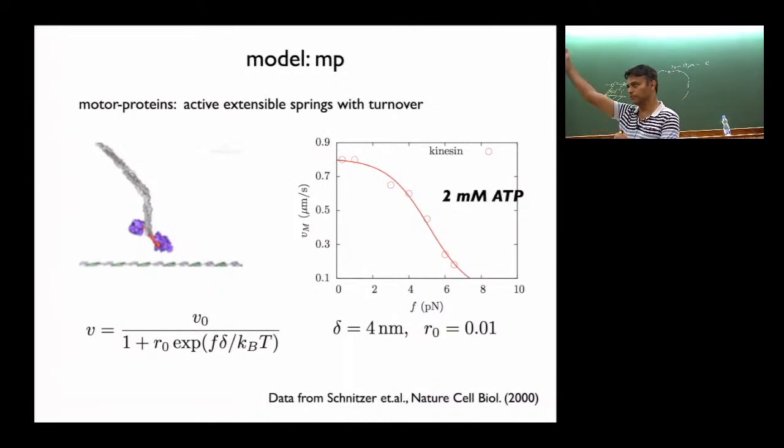So if the motor attaches to the filament, then it tries to walk, and the spring will stretch. As a result, there will be a force generated on top of the filament. The filament will get a force in the direction opposite to the spring stretching. And there is an attachment and detachment rate. It can undergo attachment via a diffusion-limited process: within the capture radius of this molecular motor, if there is a segment of the filament, then it can capture that segment.